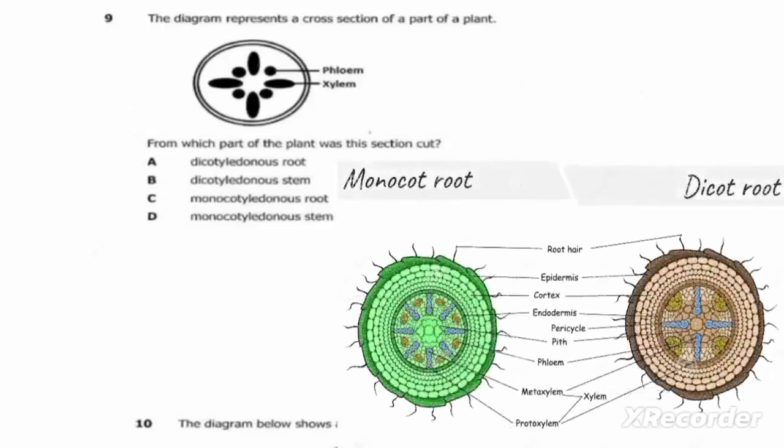B. Dicotyledonous stem. C. Monocotyledonous root. D. Monocotyledonous stem. Okay, so this one was extracted from monocotyledonous root, from monocot.